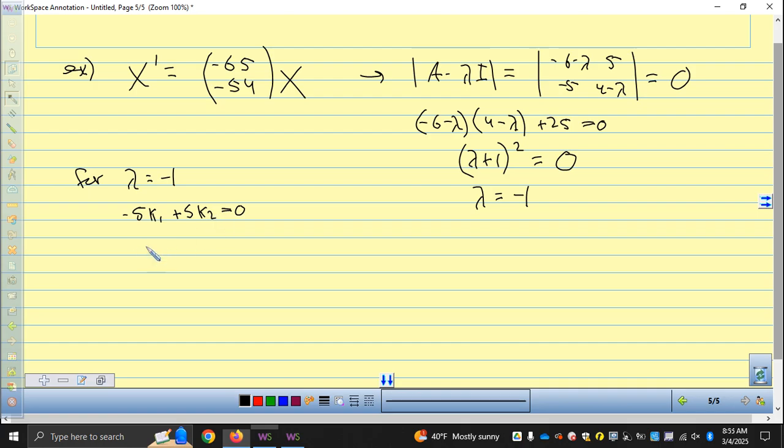And for the second equation, we get negative 5 k1 plus 5 k2 equals 0. And that tells us k1 equals k2. So we only get one eigenvector here. So I'm going to let k be 1, 1.